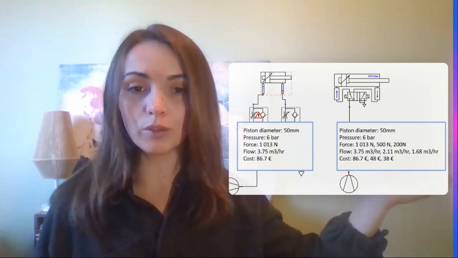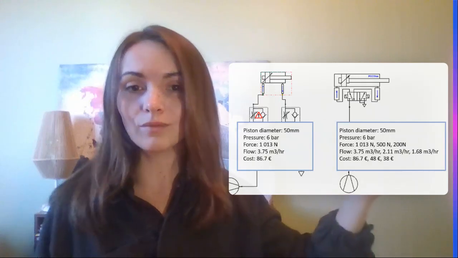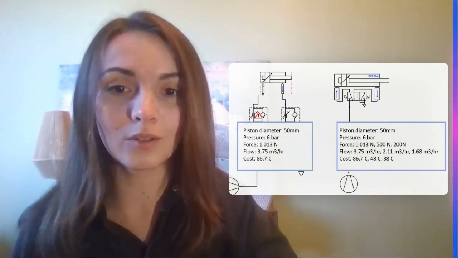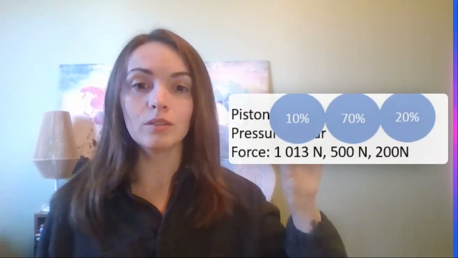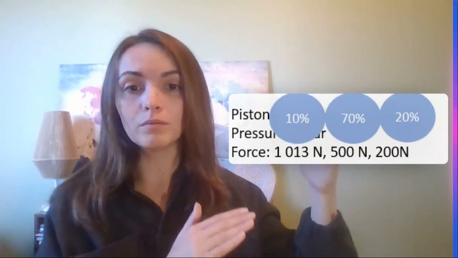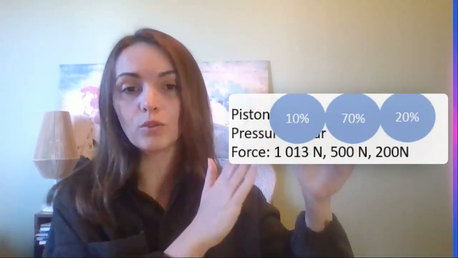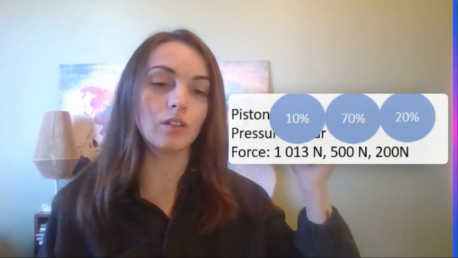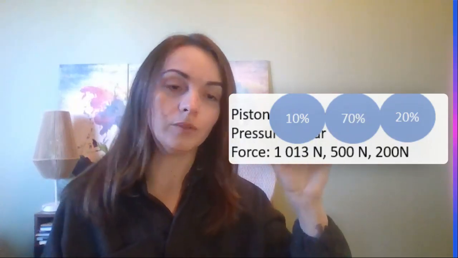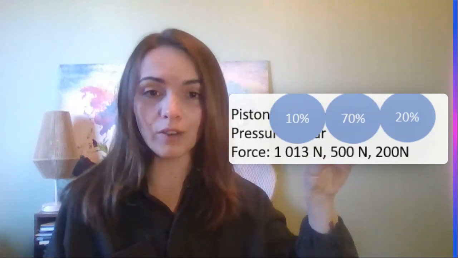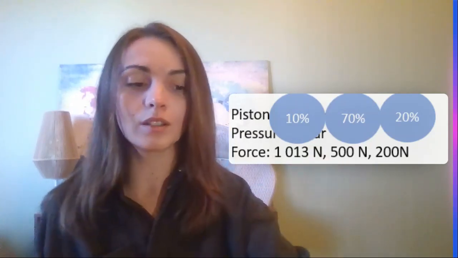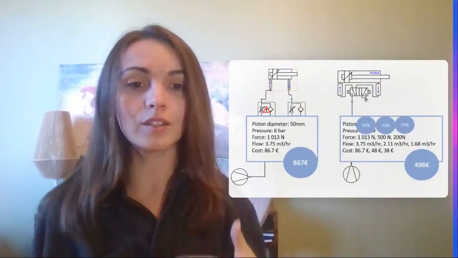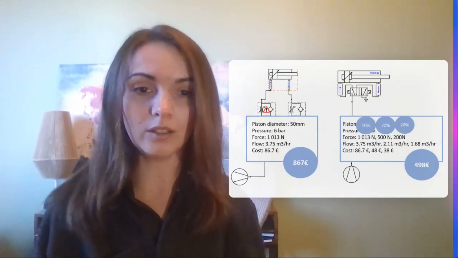It also adjusts the flow according to this, and of course it has considerable cost savings. In case we need 1000 newtons for the bigger application, as for example for those boards that I showed you at the beginning, only 10%, 70% of 500 newtons and 20% of 200 newtons, the savings can be easily calculated there.